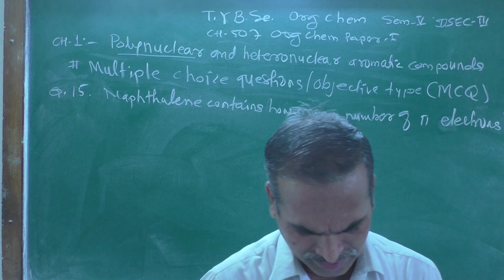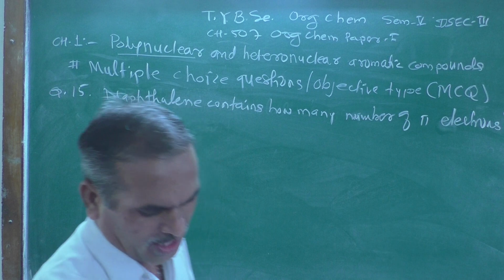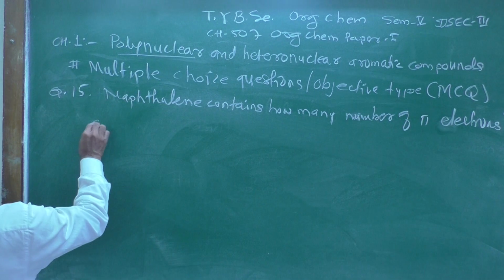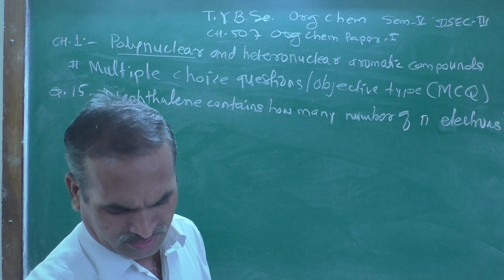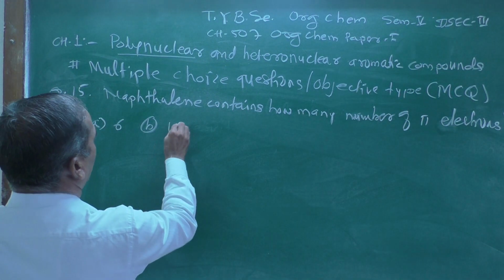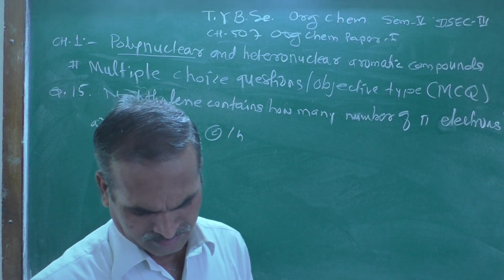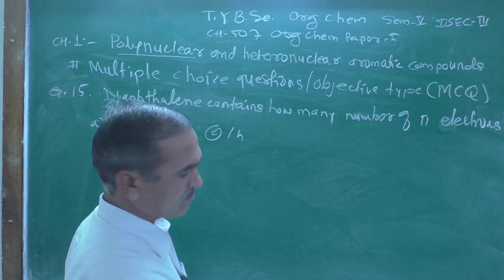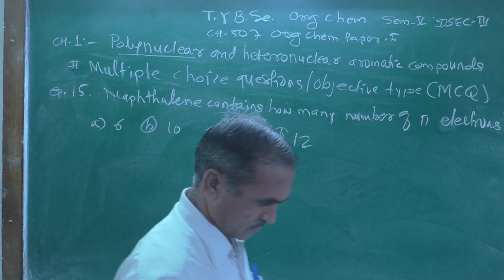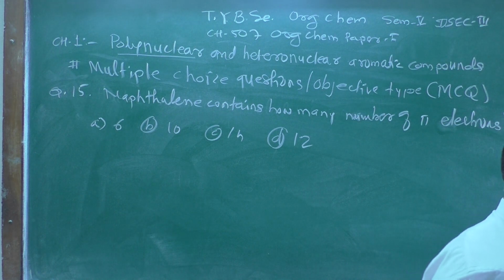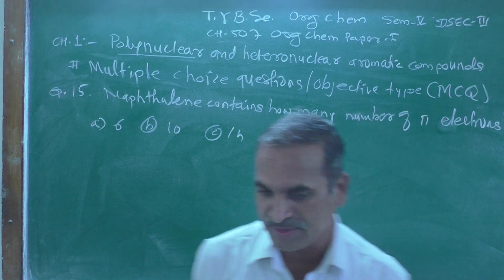Let's see the options. They are: A is 6, B is 10, C is 14, and D is 12. So what do you think, which would be the correct answer?